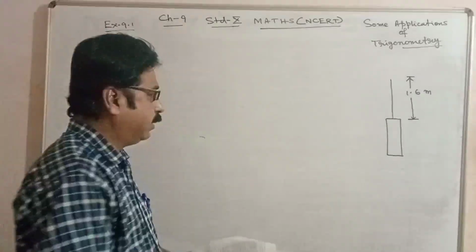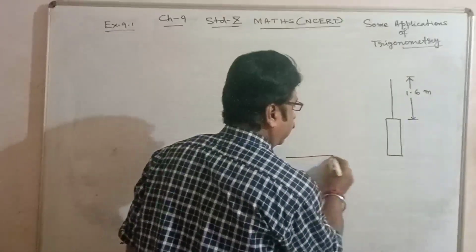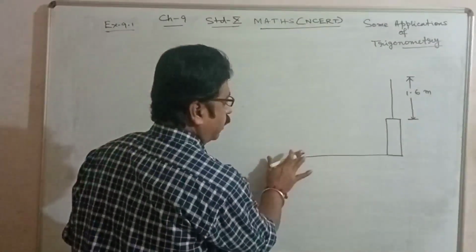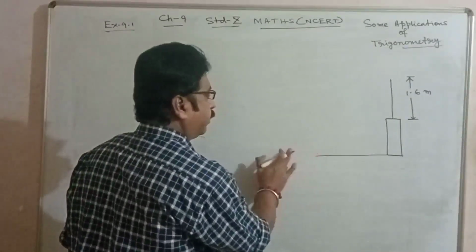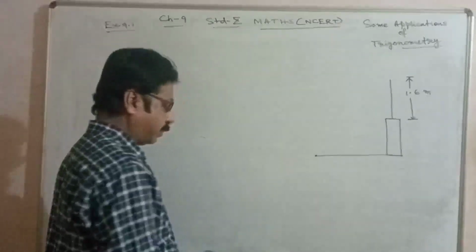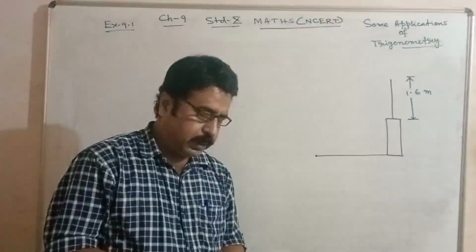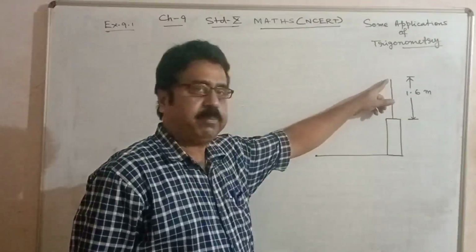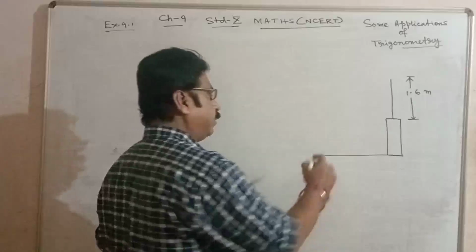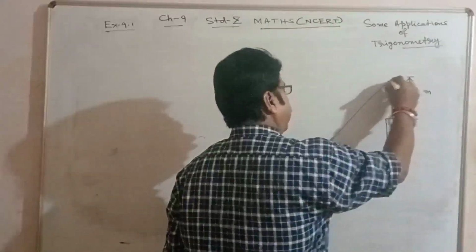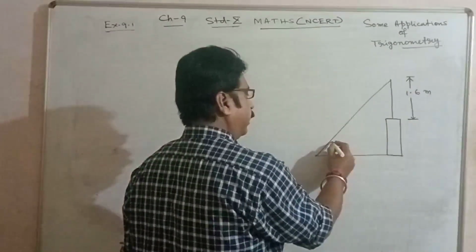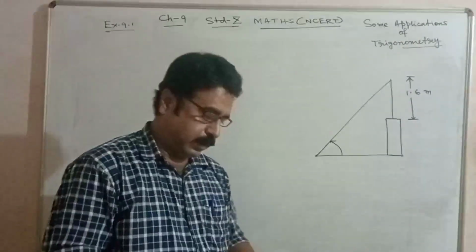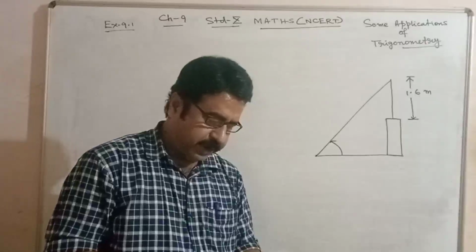From a point on the ground, this is the ground level. From this point, the angle of elevation of the top of the statue, this point is the top point of the statue, the angle of elevation is given 60 degree.